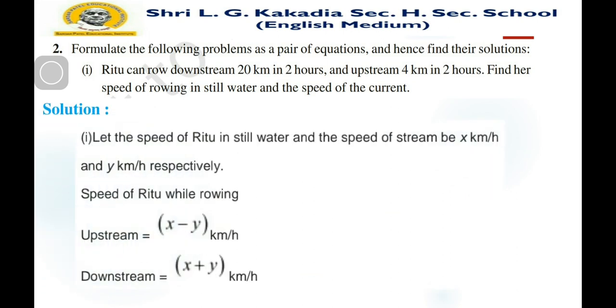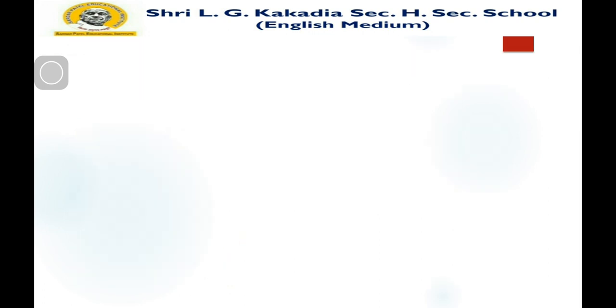So, solution: let the speed of Ritu in still water and the speed of stream be x km per hour and y km per hour respectively. Speed of Ritu while rowing upstream is x minus y km per hour, and downstream x plus y km per hour, as we have discussed.